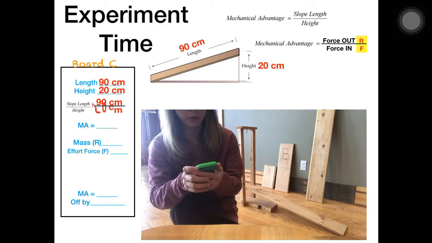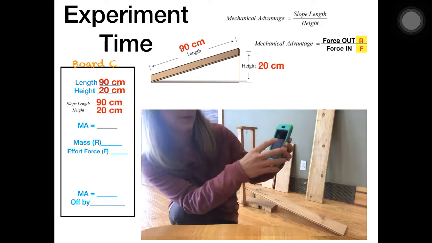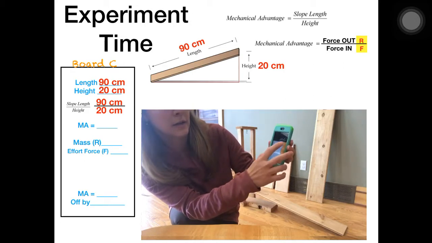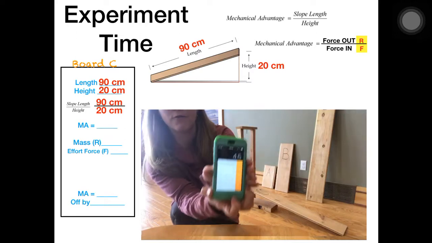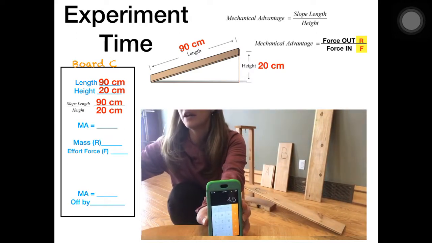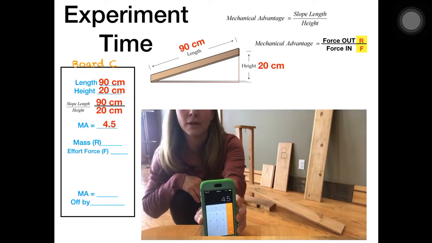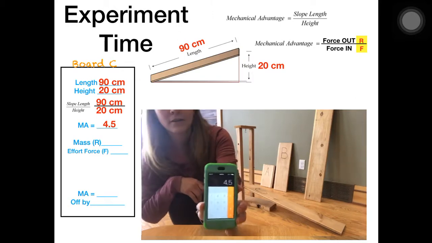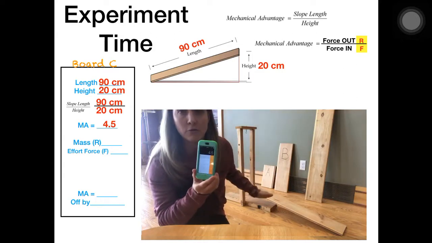And we will do 90 divided by 20, and we get 4.5, okay? So 90 divided by 20 gives us a mechanical advantage of 4.5, okay? So that is the mechanical advantage that we get when we use the measurements, right?